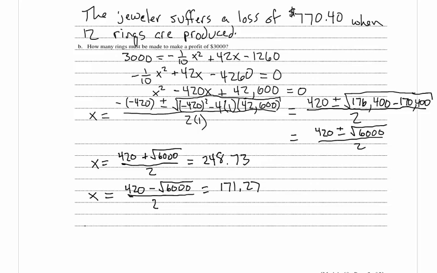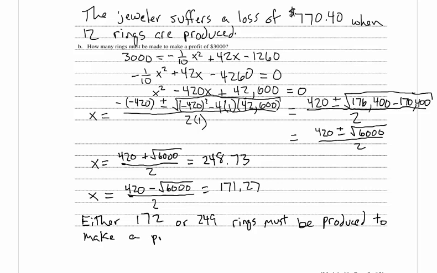So we can say that either 172 or 249 rings must be produced to make a profit of $3,000. And that's all for our video on applications of quadratic equations.